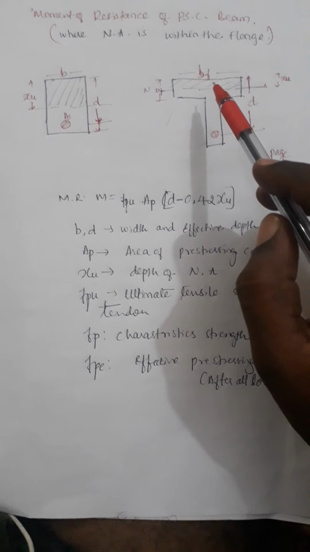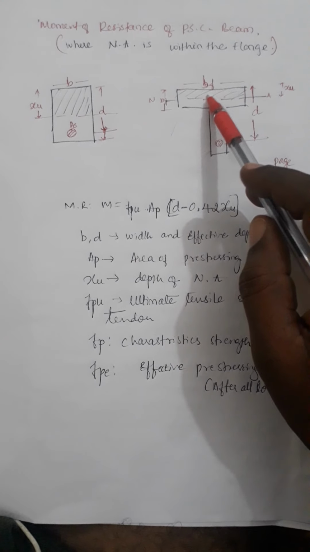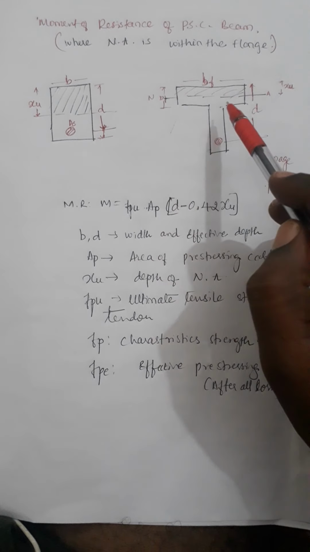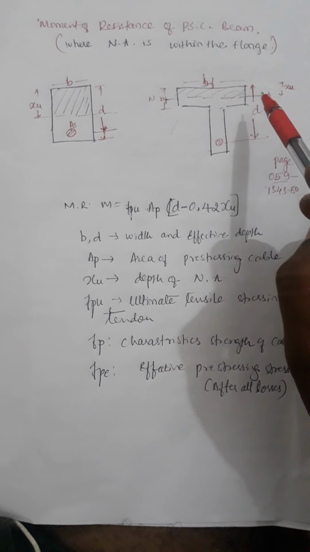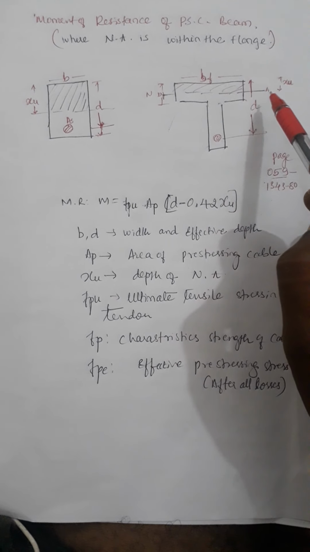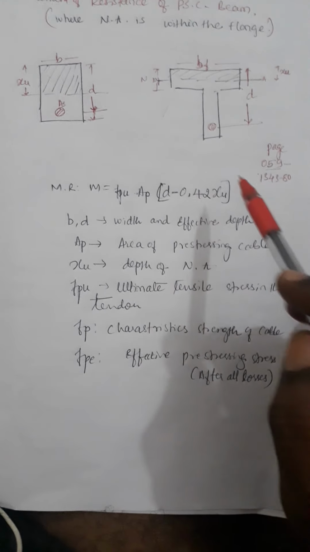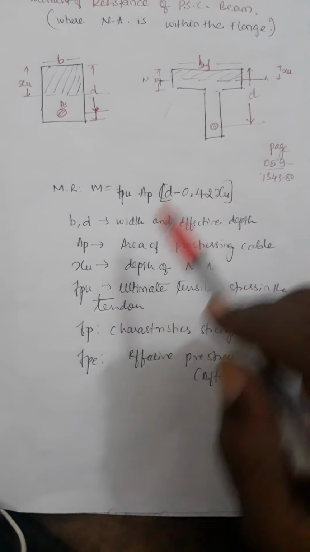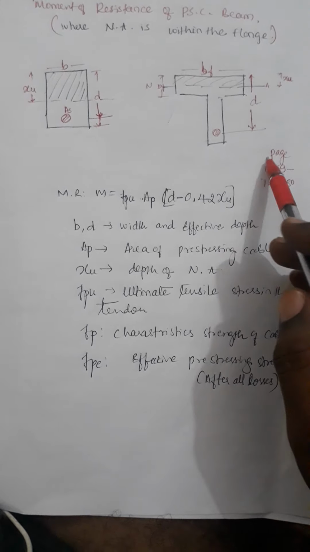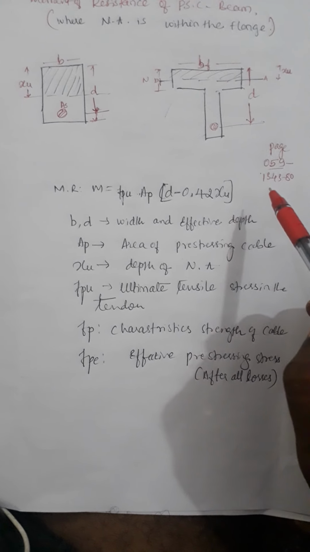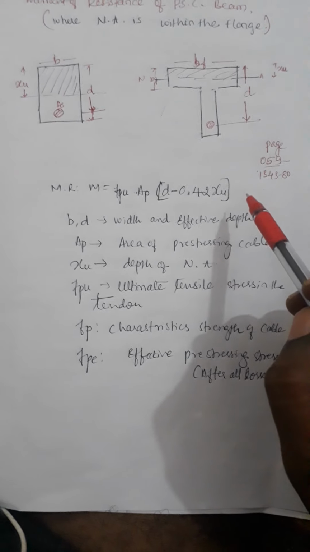Similarly for the T section, we have the breadth of the flange, depth of the web, XU the neutral axis depth from the top, and the effective depth from the top to where the area of steel or reinforcement is provided. This is available on page 59 of IS 1343:1980.